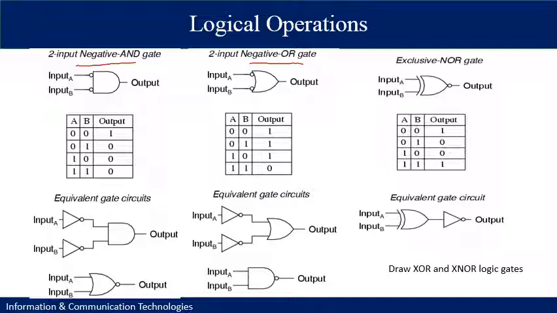And exclusive NOR gate is application of the exclusive OR gate and then inverting the output. So in this case, the output will be 1 when both inputs are the same. So the equivalent gates are provided down under for each of the examples.